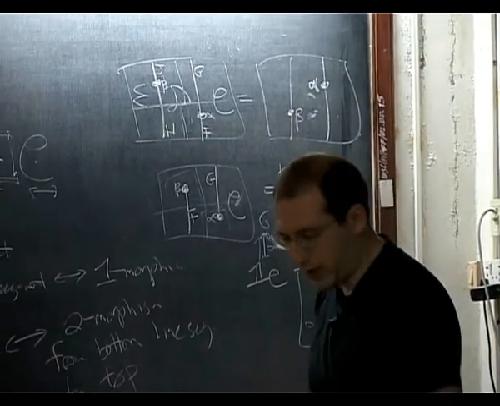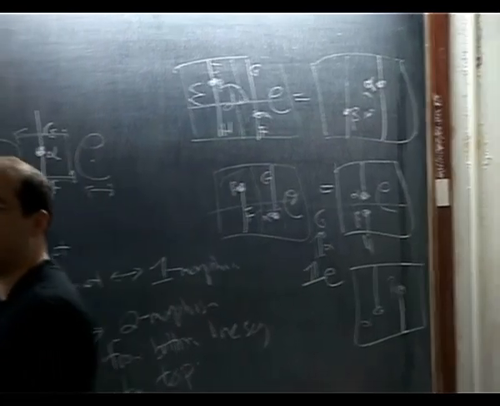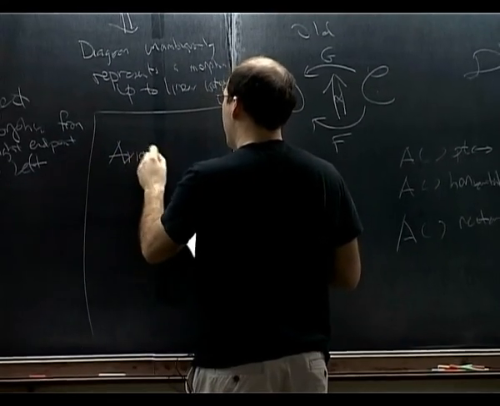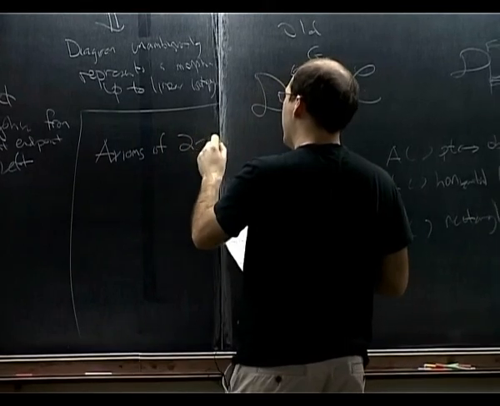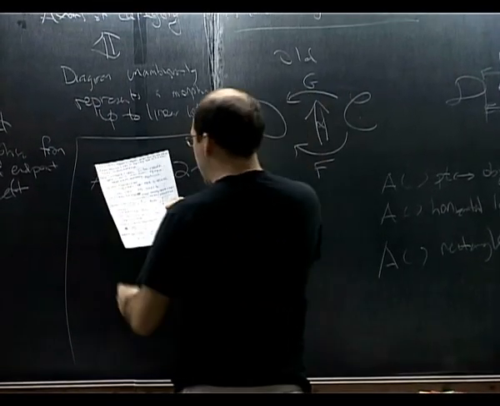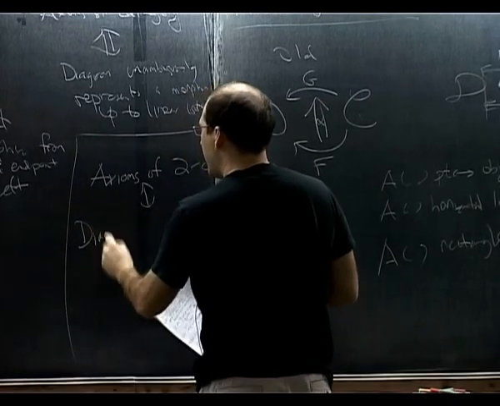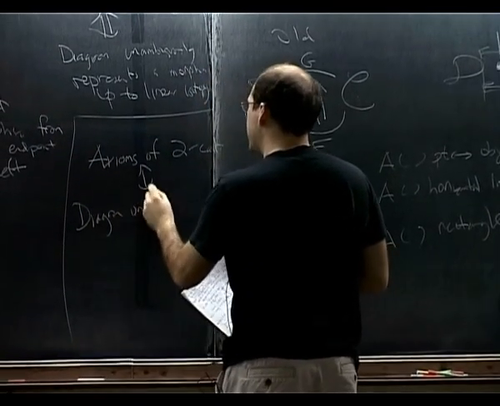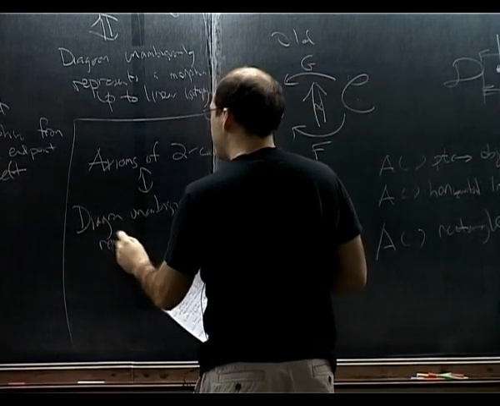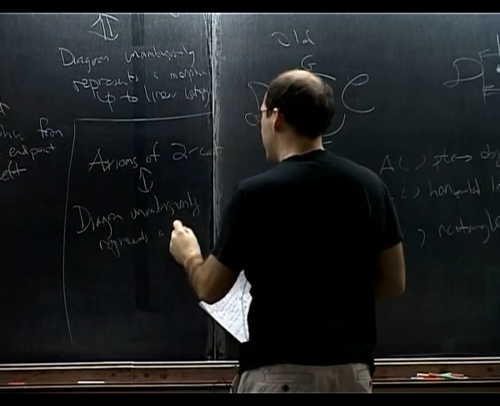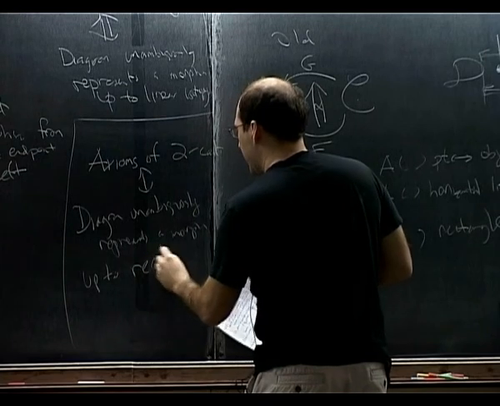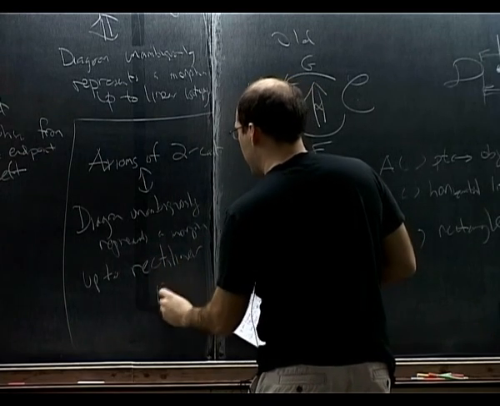So the point of all this is, what is a two category? You don't really care. The axioms of a two category are just precisely, really I should have said if and only if, the things that say that a diagram unambiguously represents a morphism up to rectilinear isotopy.